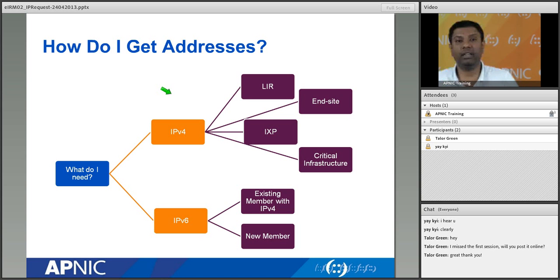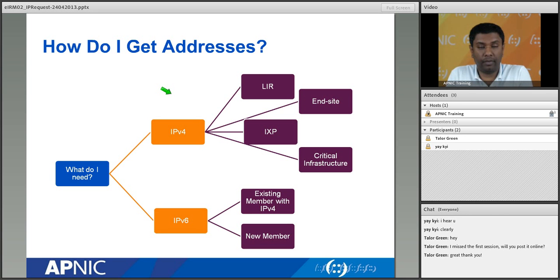Then the third one is the critical infrastructure. What is the critical infrastructure? Critical infrastructure is a type of infrastructure that has a special definition in terms of IP address management. Critical infrastructure is only ccTLD, gTLD, root DNS operator, and registries like APNIC and National Internet Registries.